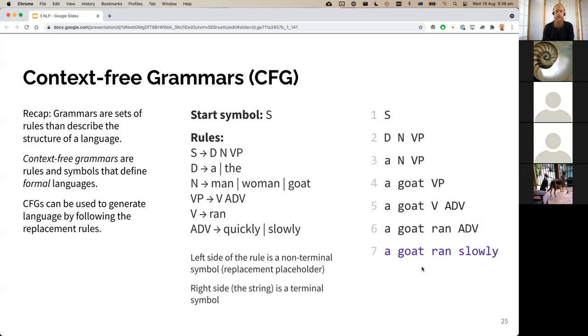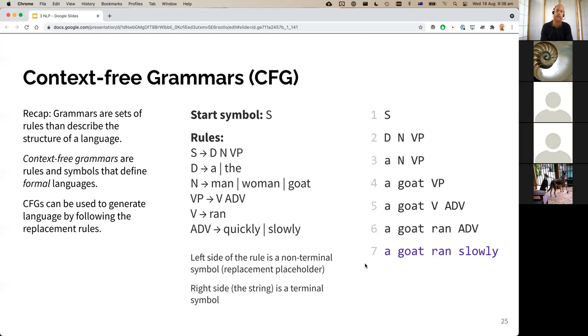We can reverse that and use these context-free grammars to parse some text and to see if that text conforms to the grammar of the language as well. And so this is where it can be used in programming languages to validate, or as a compilation process to see whether the syntax of the language is accurate according to the rules.